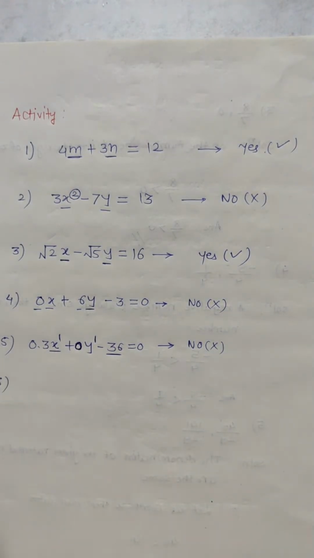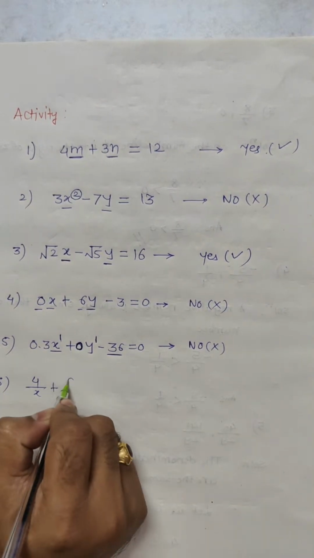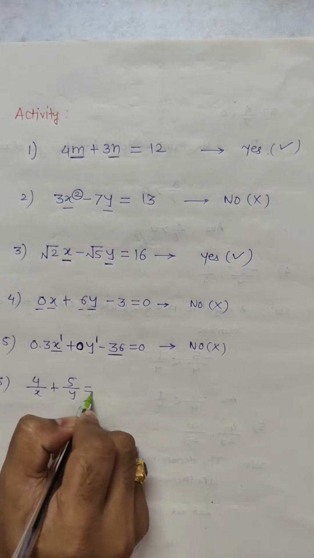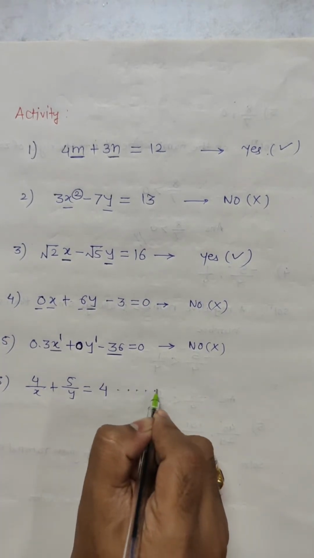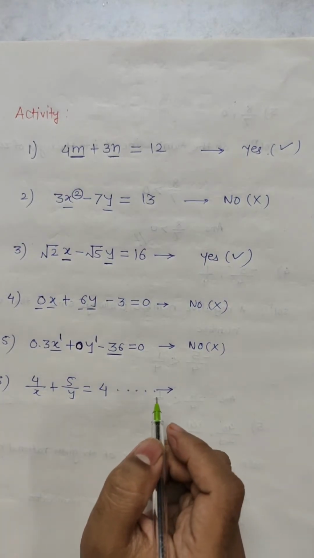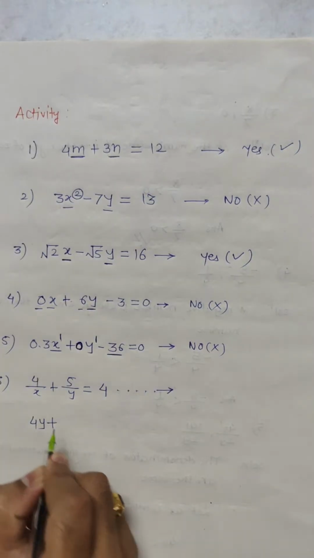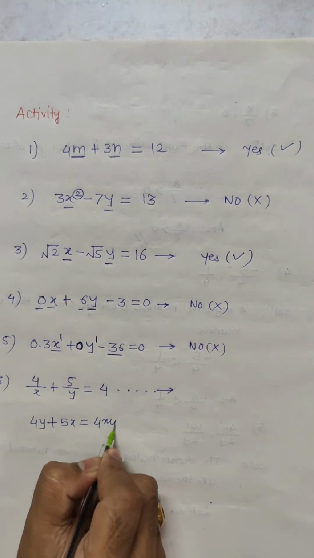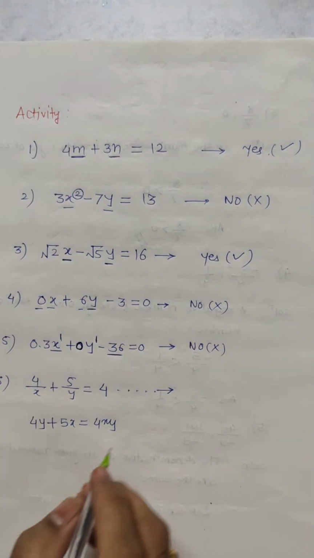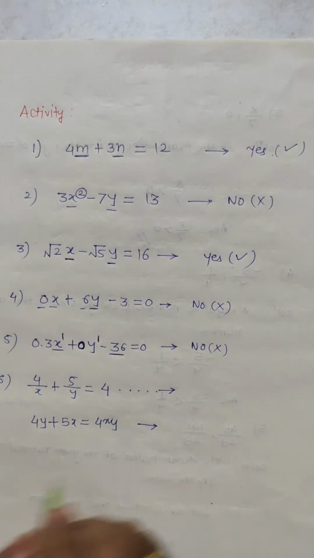Number 6 example. Suppose 4 upon x plus 5 upon y is equal to 4. Is this a linear equation in two variables? Firstly, convert it: 4y plus 5x is equal to 4xy. Is this a linear equation in two variables?